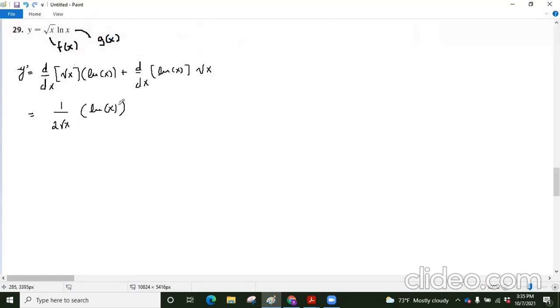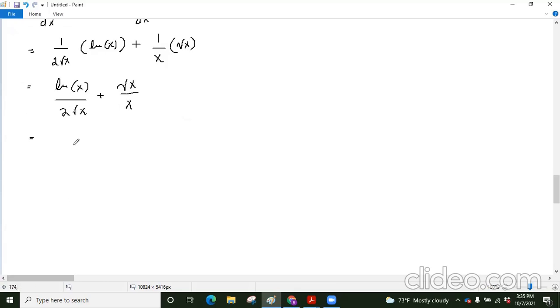Again, we're not taking the derivative of ln of x. We're just multiplying by ln of x because that's what the product rule tells us to do. The derivative of ln of x is 1 over x, then multiplied by square root of x, which means this is ln of x over 2 square root of x plus square root of x over x.